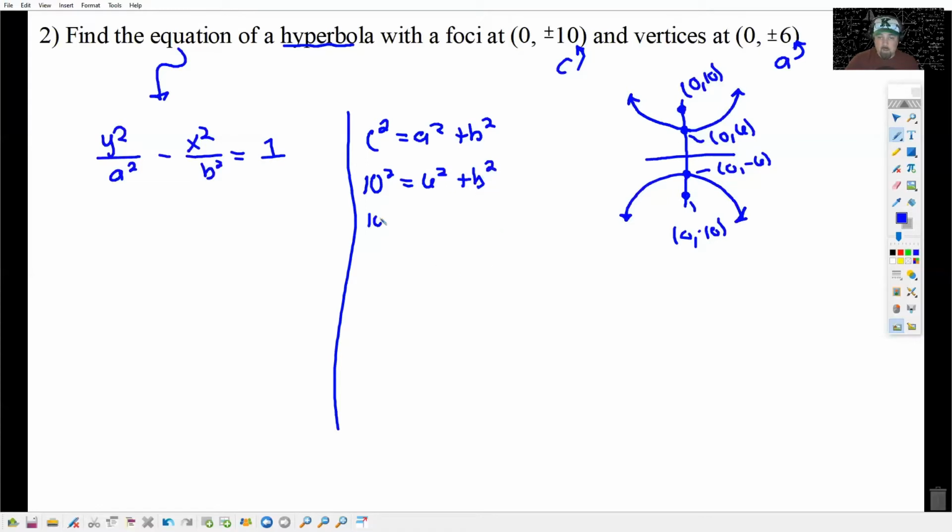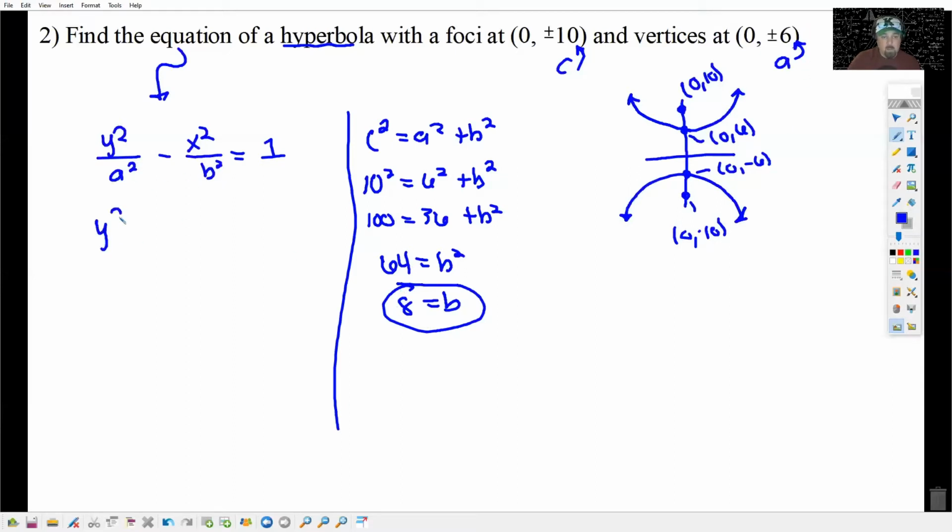So this is 100 equals 36 plus b squared. If we subtract, we get 64, and the square root of 64 is 8. So b is 8. Now this is where you have to be cautious when you write this equation. We're going to want to put this 6 and this 8 there, but these things need to be squared.